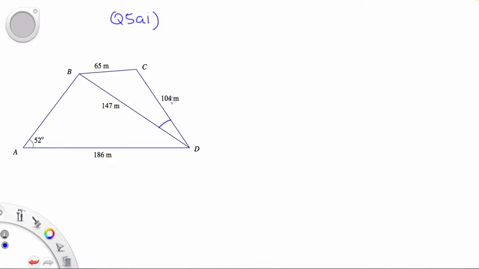Take a look, this triangle is not a right-angled triangle. So usually you will think about the sine rule as well as the cosine rule.